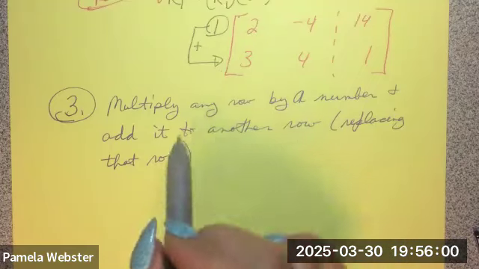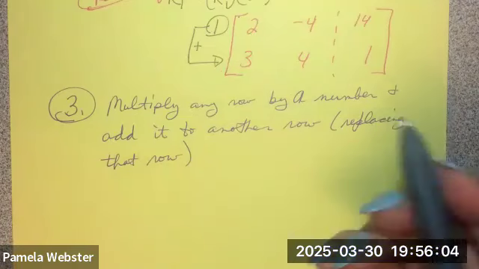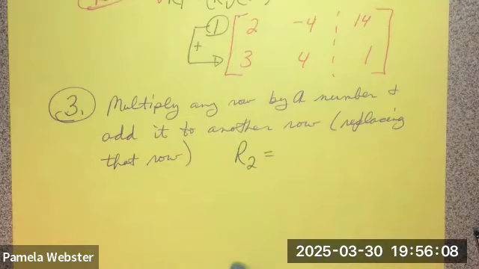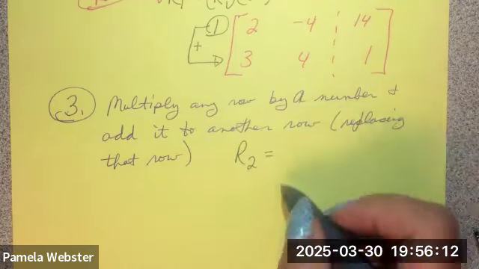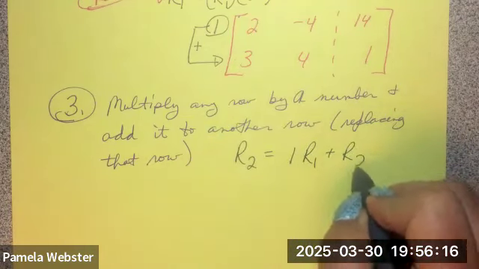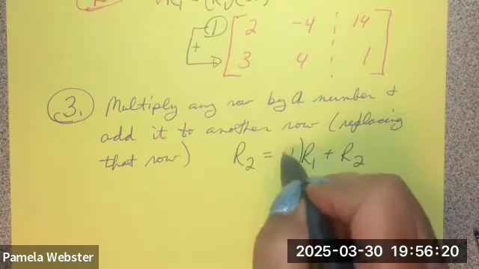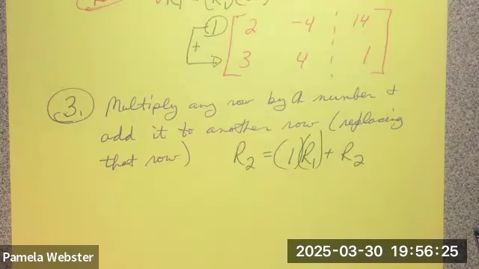The notation that you'll see for this in your MyMathLab is row 2, because I'm going to change row 2. Row 2 equals 1 times row 1 plus row 2. You could put parentheses if you want to. I don't really care about the multiplication here. I'm just adding them down.